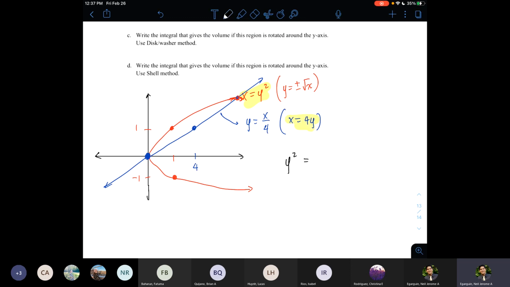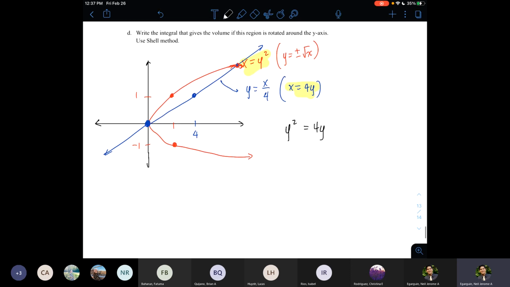So let's put the x's equal to each other. x equals y squared on the red, x equals 4y on the blue. That means at the points of intersection, those x values must agree. So y squared must be equal to 4y. So y squared minus 4y equals 0. So y times (y minus 4) equals 0. So y equals 0, as we expected earlier, and y equals positive 4.